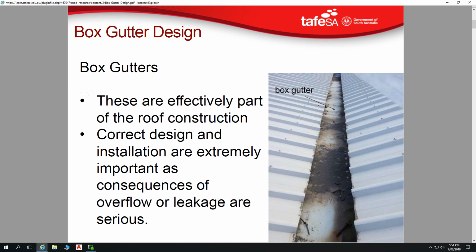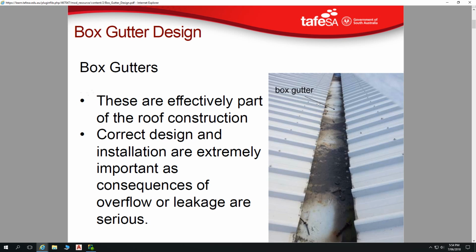Because what we have is, say, a detail like this, we've got the rafters coming down a bit lower than that, and then they'll continue down, and then we've got our support for the box gutter under that, and then we've got to have our purlins on here.